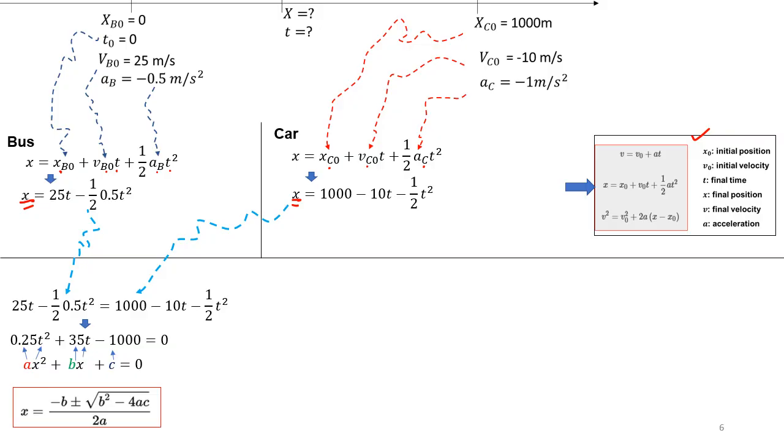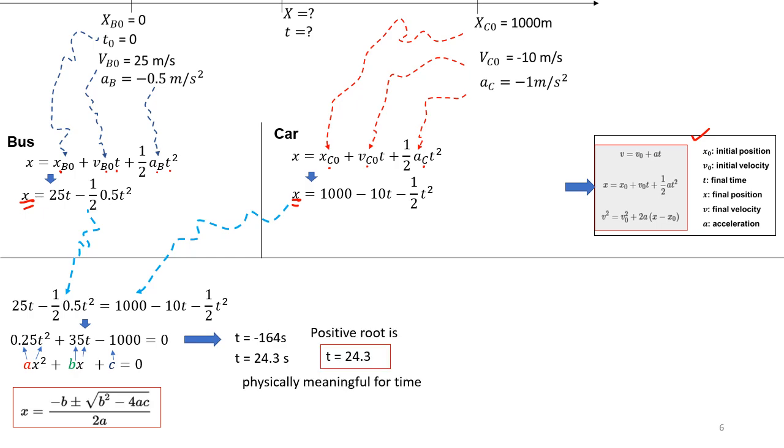We get two values, a negative and positive. We take the positive value because for time positive value is meaningful, so we get the time at which car and bus crosses is 24.3 seconds.